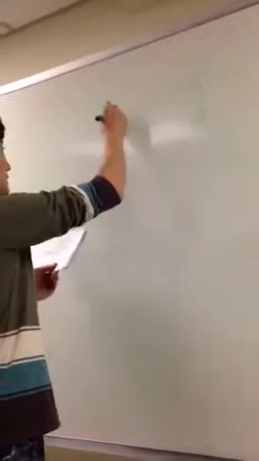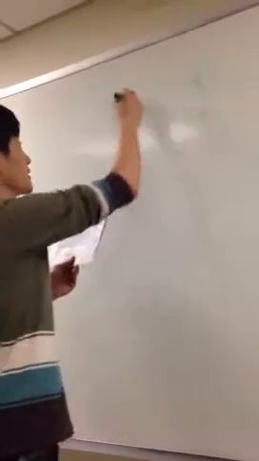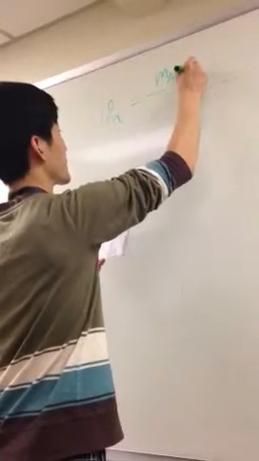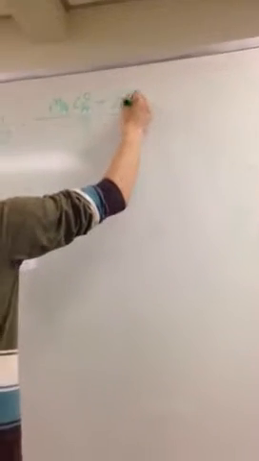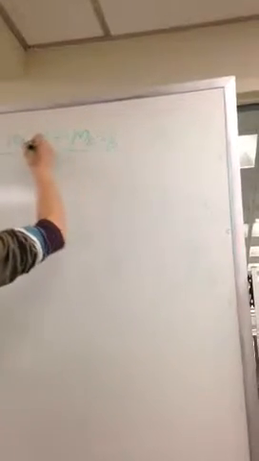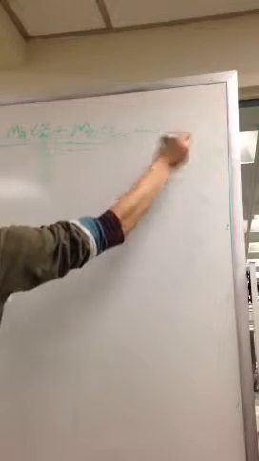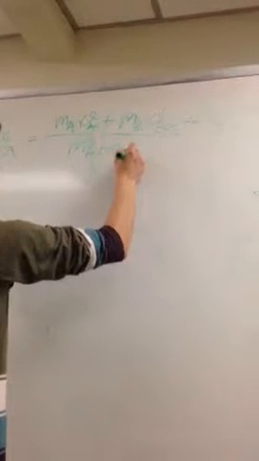So it's the same thing as center of mass. The speed of the center of mass is equal to mA vA plus mB vB, of course that's along x, divided by the total mass. Right?